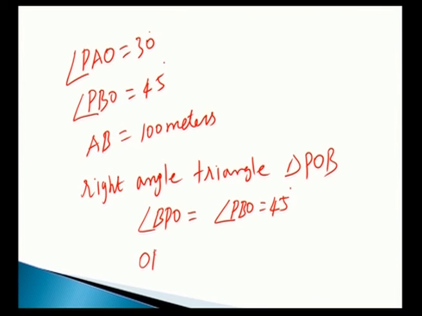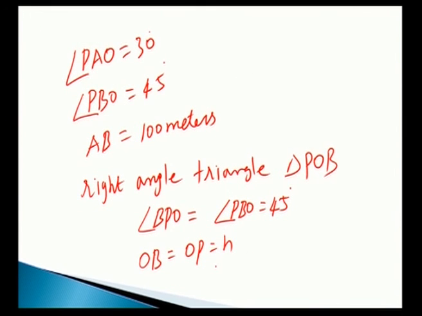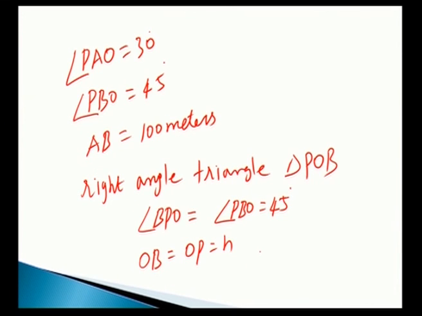Now OB is equal to OP is equal to h. Since the two angles of this triangle have become equal, that is this is 45, this is 45, OB is equal to OP. So that is equal to h according to one of the properties of the triangle.